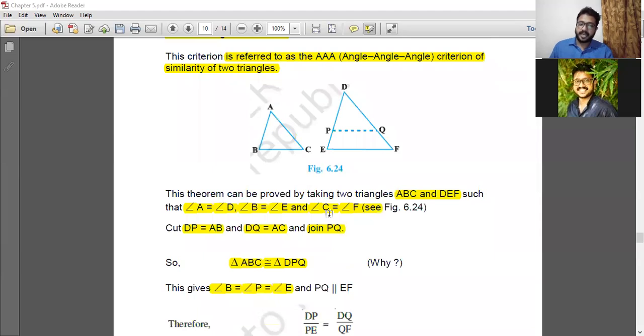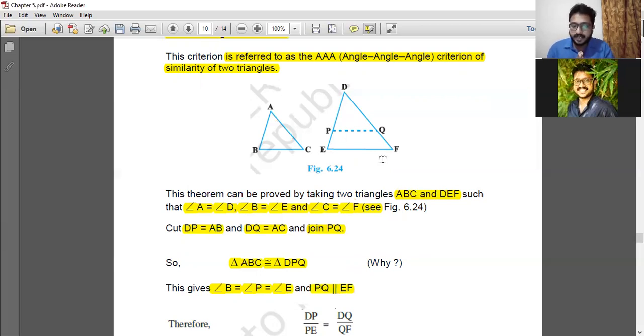Okay. And now again, you can see that angle P and angle E are equal. We have seen earlier that when two lines are intersected by another line, and if the corresponding angles are equal, then we can say that these two lines are parallel. And as a result, since angle P is equal to angle E, we can say that PQ is parallel to EF.